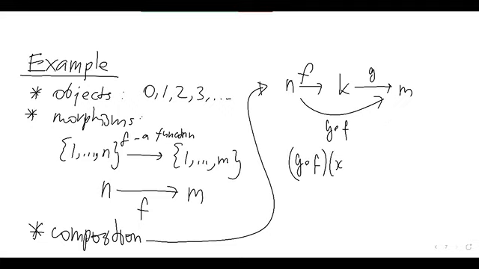So its value at x is given by applying g of f of x. Again, I'm not going to go to the axioms because we already know they are valid. It's obvious. So associativity of composition, I think we're all familiar with. And the identity arrow for each n will be the identity function.